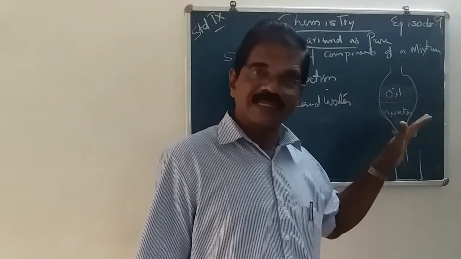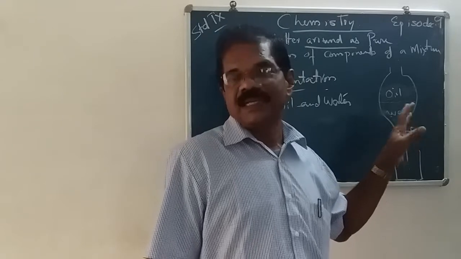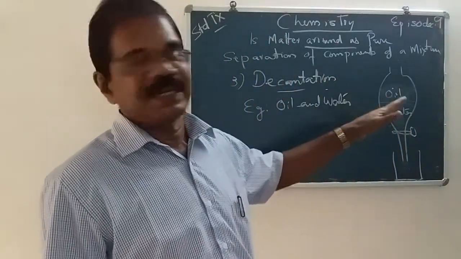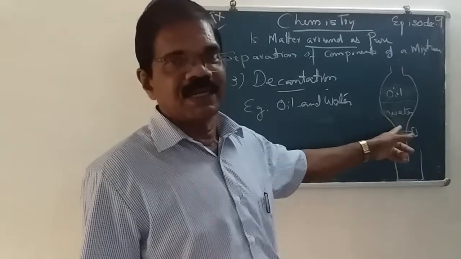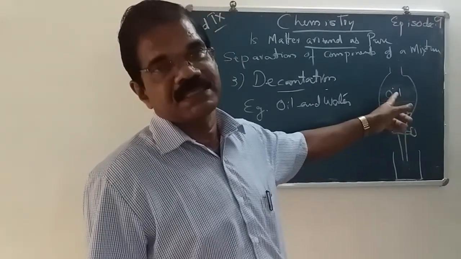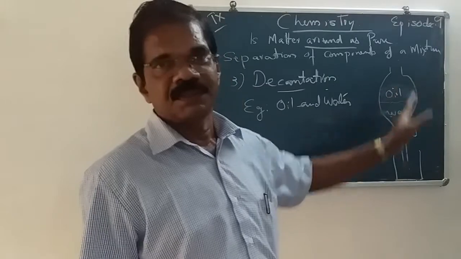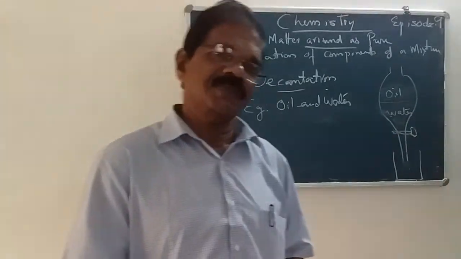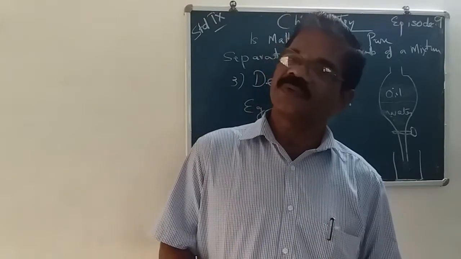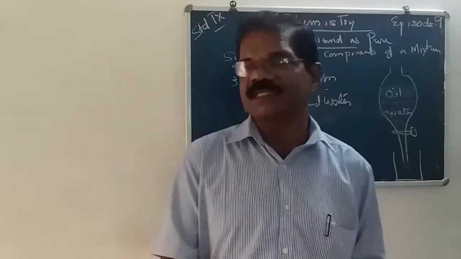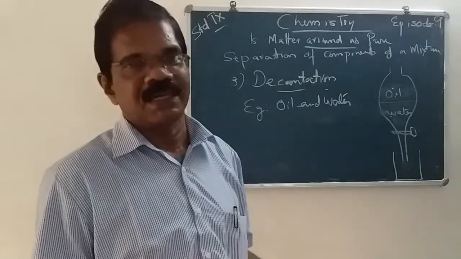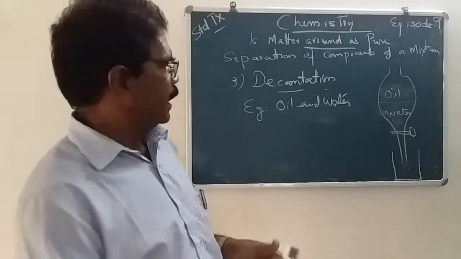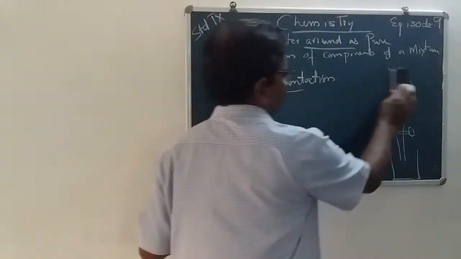The metal part, which is denser than the slag, comes to the bottom of the separating funnel, and the slag or impurities are on the top. So in the manufacturing of iron, pure iron is separated from its impurity, slag, by this process. Then there is another method.